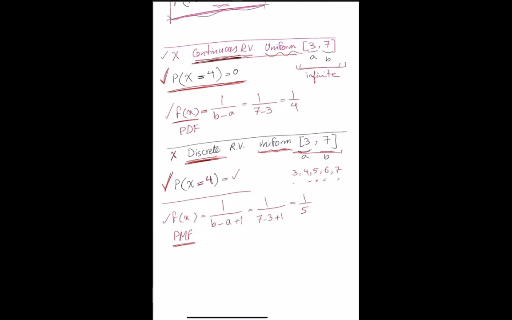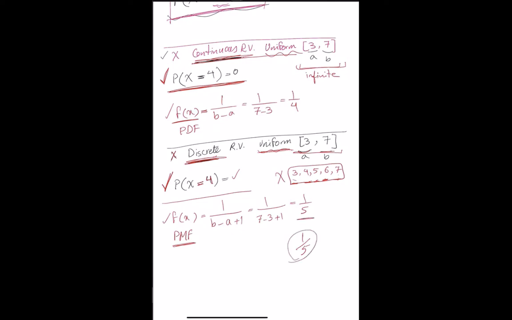Count them with fingers: 3, 4, 5, 6, 7. So the random variable x can take one of these 5 possible values, right? If all of them have the same probability of happening, each one of them has a chance of 1 over 5. And that's exactly what we came up with here.